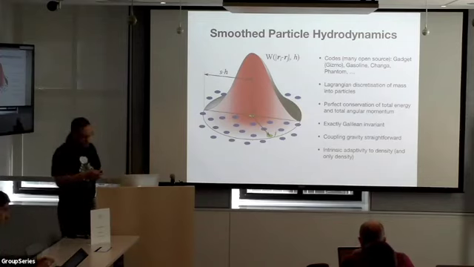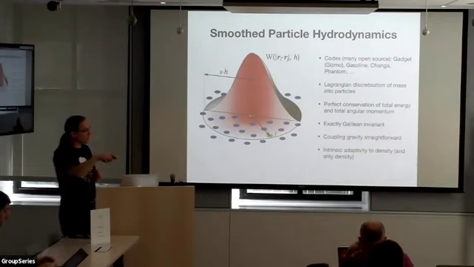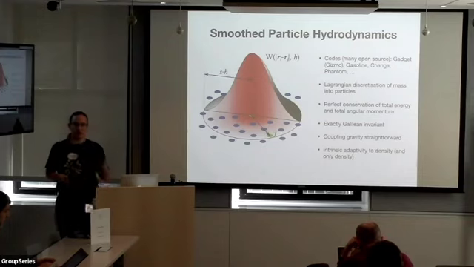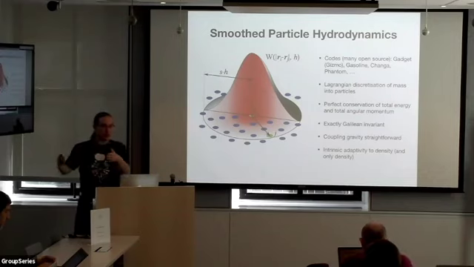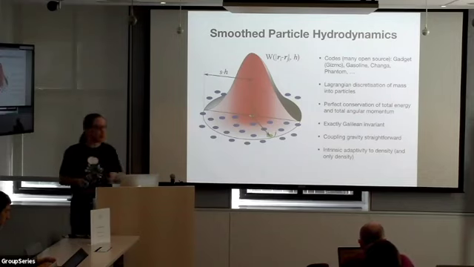But we come to this with the grid codes. The conservation of total energy comes from the fact that you just calculate pressure forces and gravitational forces and apply them the exact same way, so the whole thing is consistent.